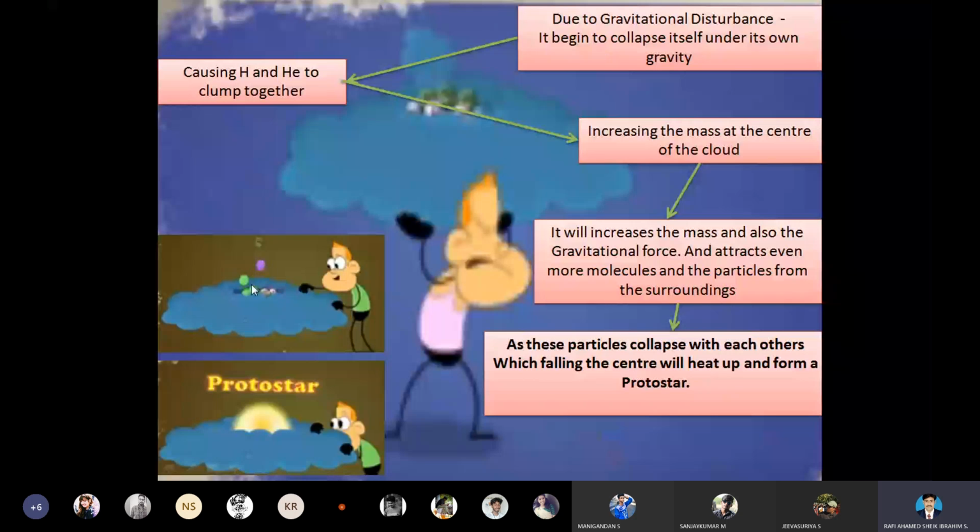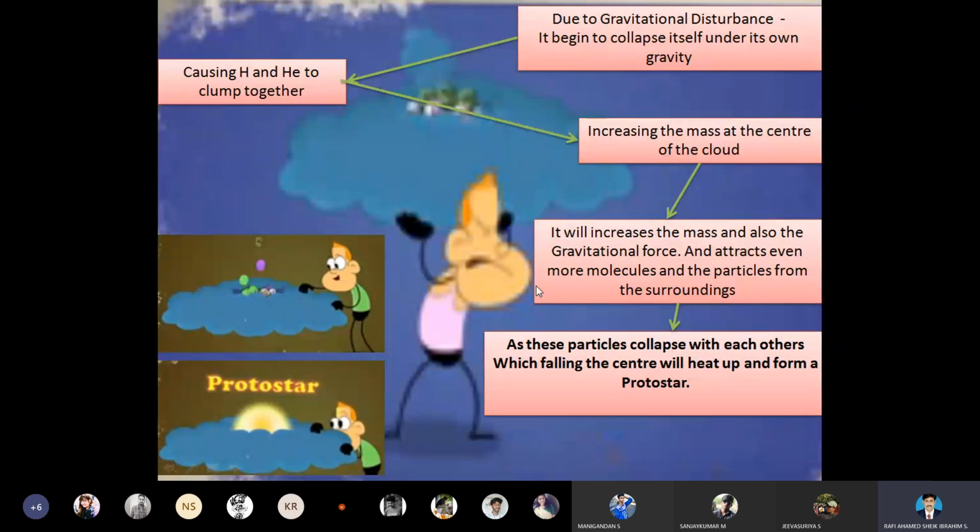We can see here we have a gas cloud, and at the center the process happens. During the collapse, the hydrogen and the helium clump together, and as they bond with each other, the mass of the particles at the center increases.